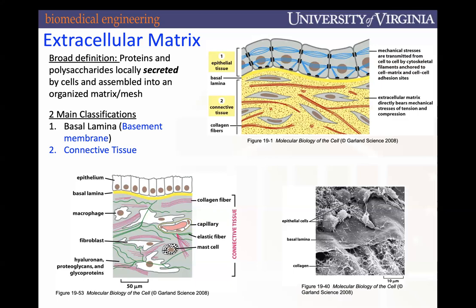In connective tissue, there are a fewer number of cells within it, as depicted in the top right on the slide. But those few cells exist with this entire matrix all around them that makes up their environment. And within that there can be a heterogeneous population of cells that exist together.